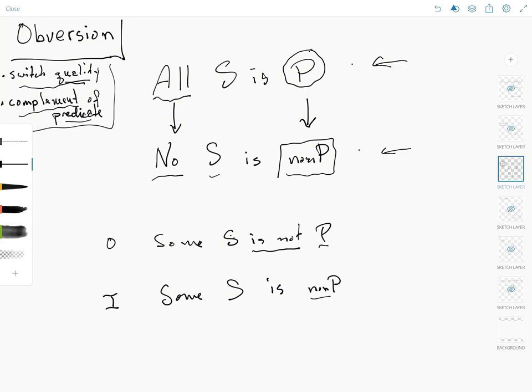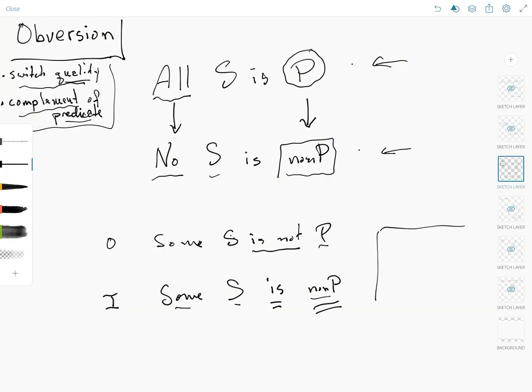Some S is not P is a claim about excluding something, right? In other words, there's at least one S that's excluded from the set P. But that's not what the conclusion claims. The conclusion claims a different thing. Now, it is a nuance, but it is a different claim. And that claim is that there's at least one S that is inside a set. And what set is it inside? It's in the set non-P.